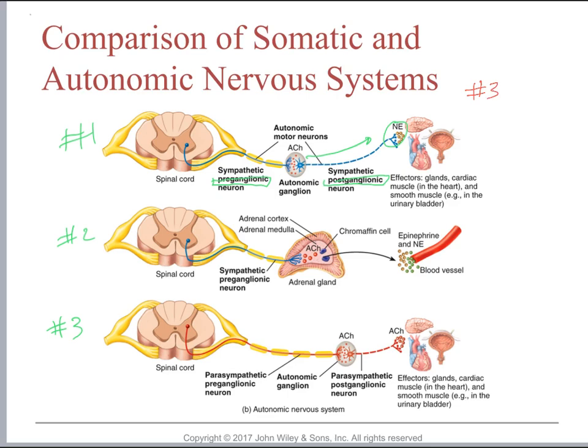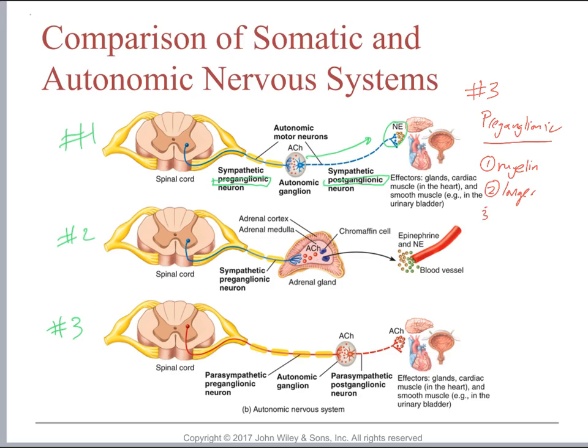Let's look at the preganglionic neuron. What do we notice? 1, it's myelinated, so it has myelin. 2, it is much longer than the preganglionic neuron in number 1, so that's a little bit different.